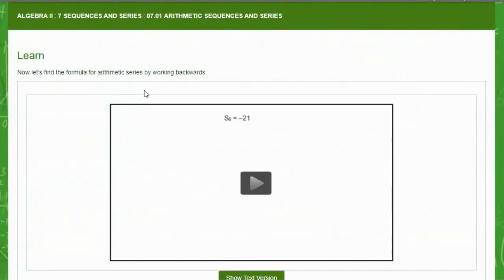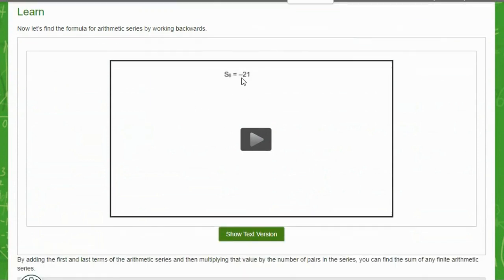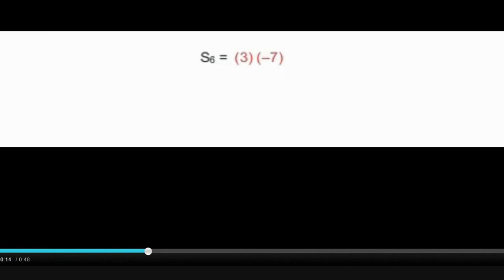Let's find the formula for arithmetic series by working backwards. They're going to take that negative 21, work backwards. The sum of the 6 terms of the arithmetic sequence is negative 21. Negative 21 can be rewritten as 3 times negative 7. 3 represents the number of pairs in the arithmetic series, and negative 7 is the result of negative 21 divided by 3.